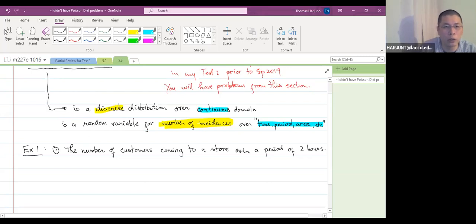Or we can also see the number of typos on a page of newspaper or a page of a book. Or the number of earthquakes.